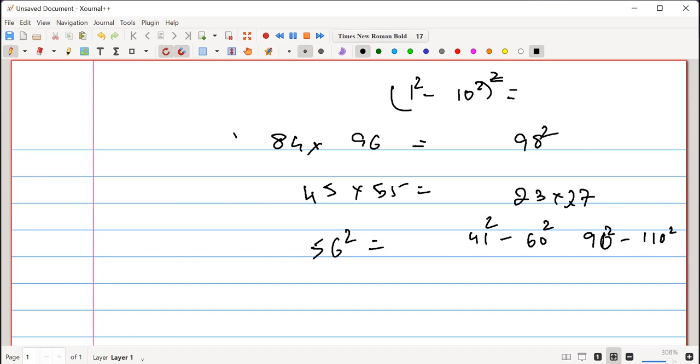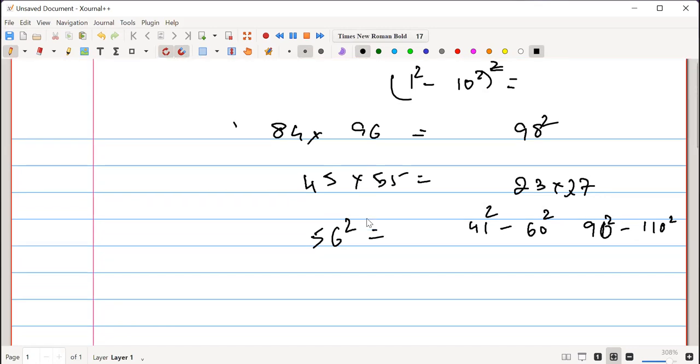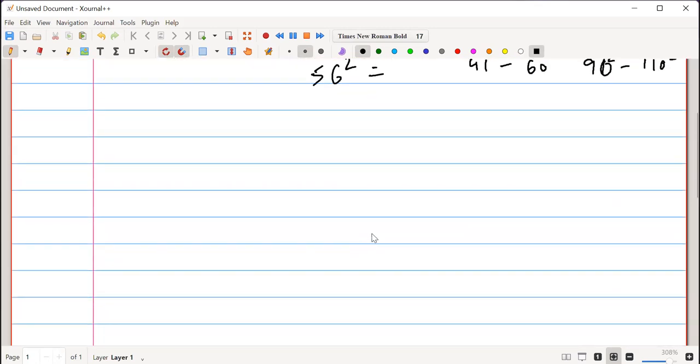Okay, first, let's try. Give me any number between 91 to 110. 98 squared is 9,604.